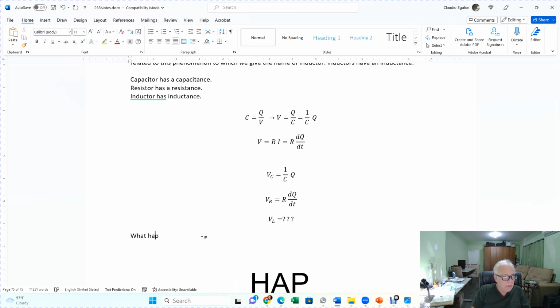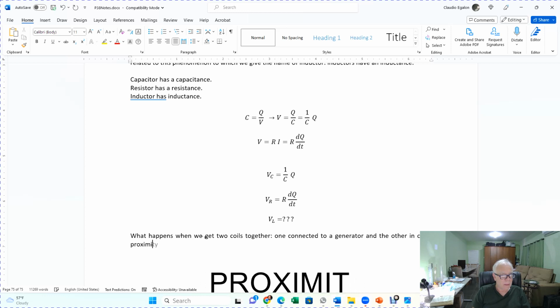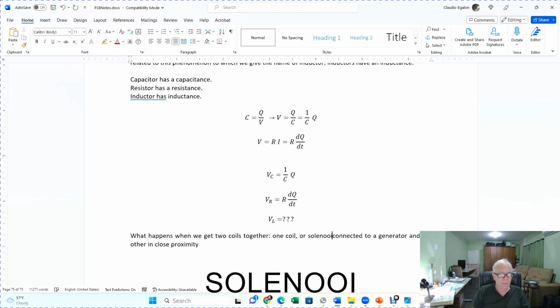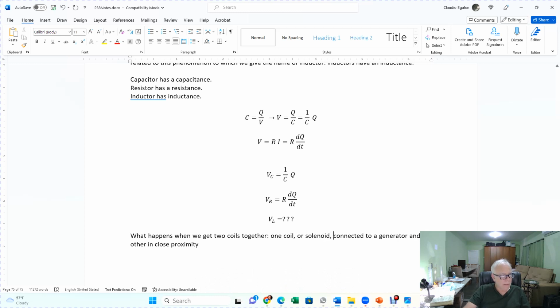One coil or solenoid connected to a generator, just like the one we described before, and the other in close proximity to the first one.